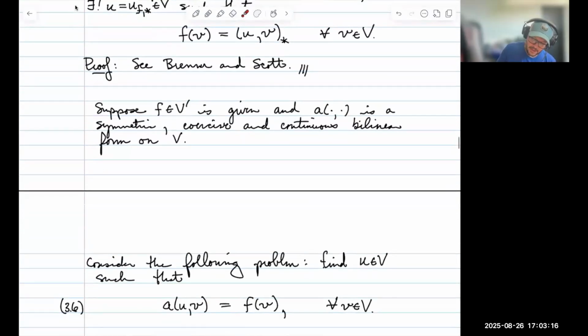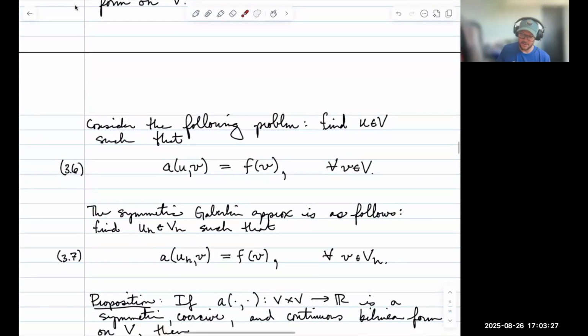So suppose that F is another given bounded linear functional, and A is a symmetric, coercive, and continuous bilinear form on V. Now we're going to consider the symmetric version of the abstract problem. I even thought about leaving it the same numbers, but this might be easier for reference sake.